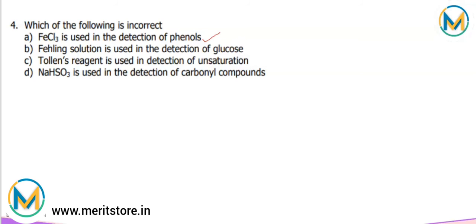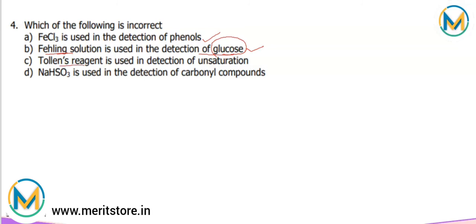It's absolutely correct, because Fehling's solution oxidizes the aldehyde, which is easily oxidizable, and glucose has that particular group. So this is also correct.